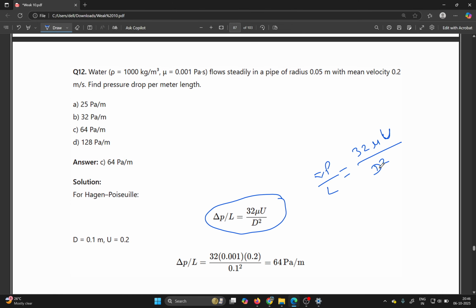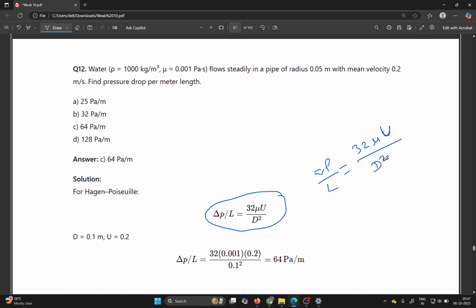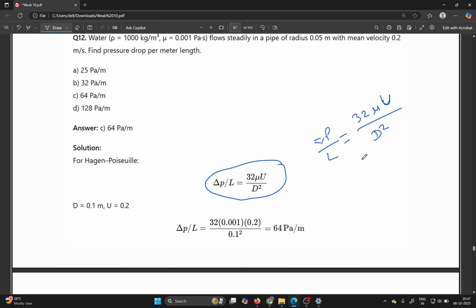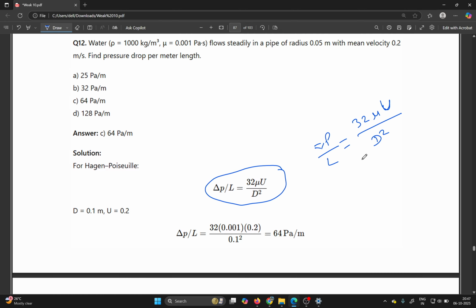So once you put the data in this formula, delta p is what you have to calculate. 32 mu is given, 0.001, velocity is 0.2, and d square means diameter, and you have radius 0.05.